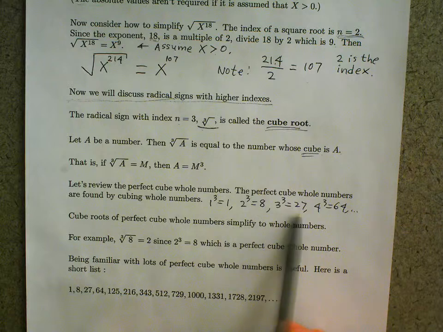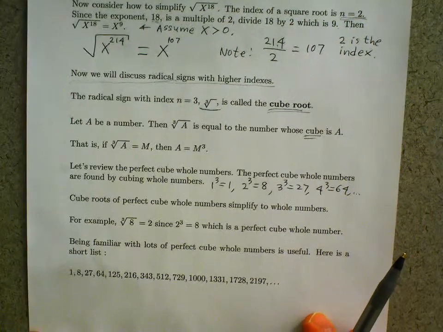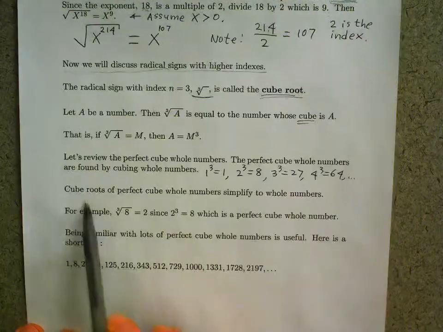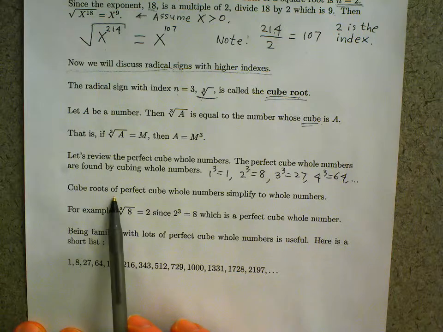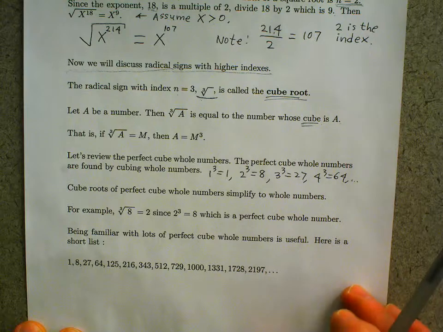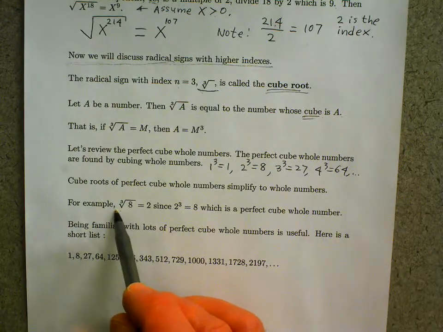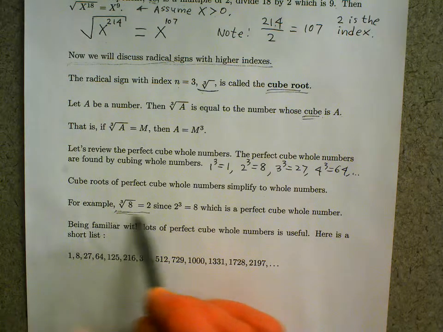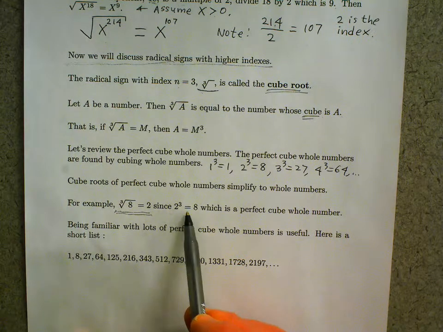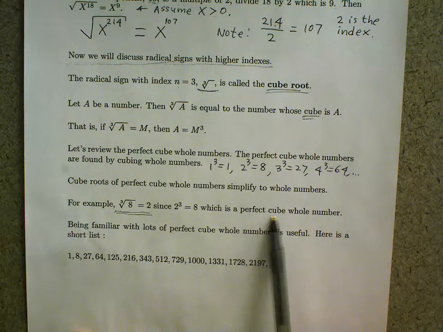So those are perfect cubes. Okay, so cube roots of perfect cube whole numbers simplify to whole numbers. Here's an example. The cube root of 8 is equal to 2, since 2 to the third equals 8. And 8 is a perfect cube whole number.